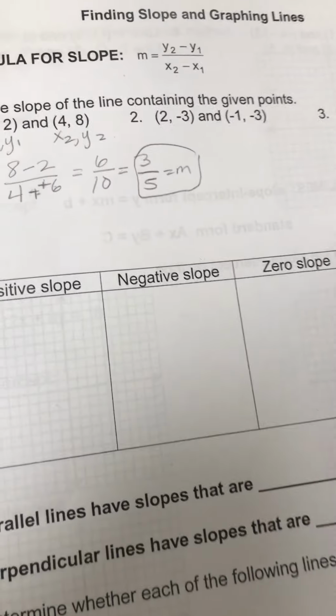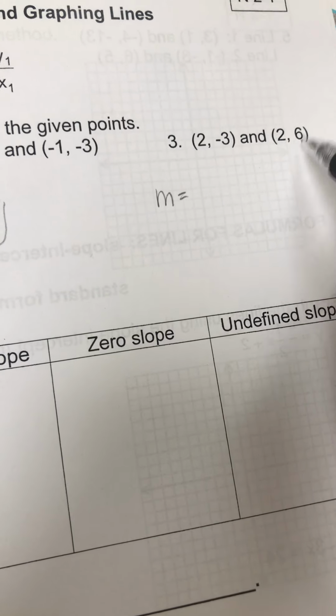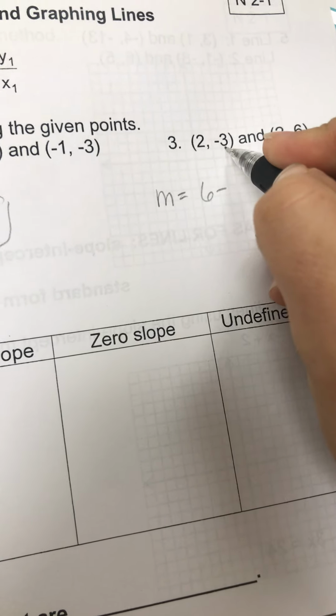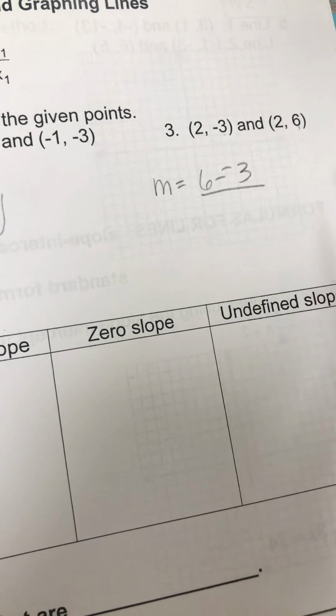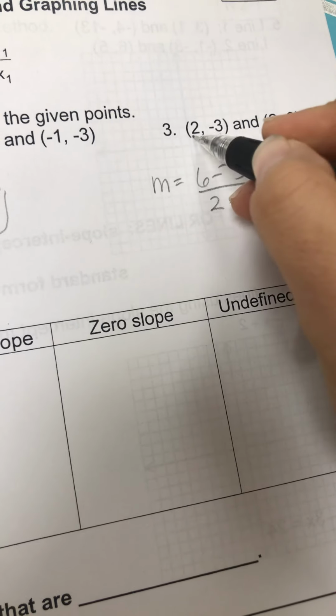Okay. So now we can do number 3. We're going to have m is equal to your y2, which is 6, minus your y1, which is negative 3, over your x2, which is 2, minus your x1, which is 2.